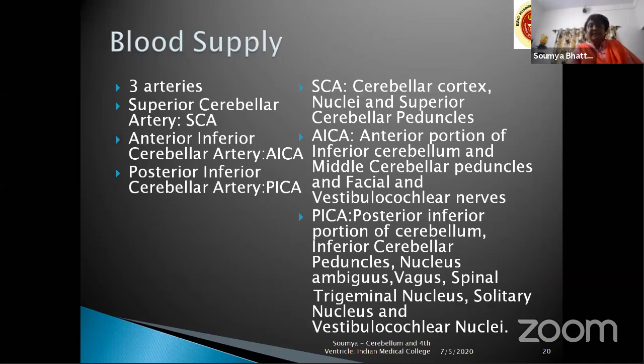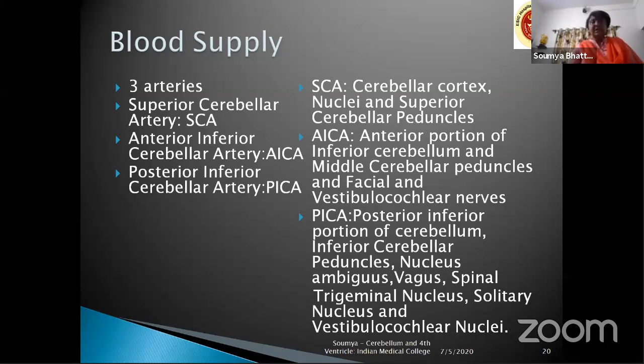Now, the blood supply of the cerebellum is usually dealt with under the blood supply of the brain. But nevertheless, I'll just touch upon it. This is by three arteries. You have seen that with the cerebellum we are dealing with three multiple times. It has three lobes, three arteries, three fissures.